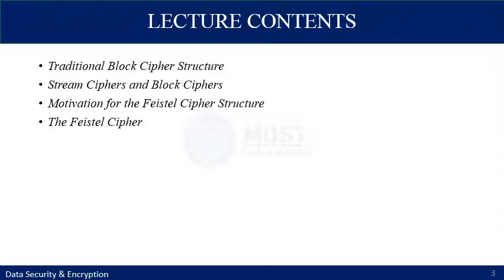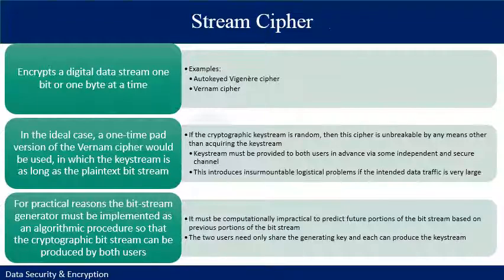So at the end of this chapter, you should be able to understand the distinction between stream ciphers and block ciphers, and you should be able to present an overview of the Feistel cipher and explain how decryption is the inverse of encryption. The current analysis and numbers show that several important symmetric block encryption algorithms in current use are based on a structure referred to as the Feistel Block Cipher.